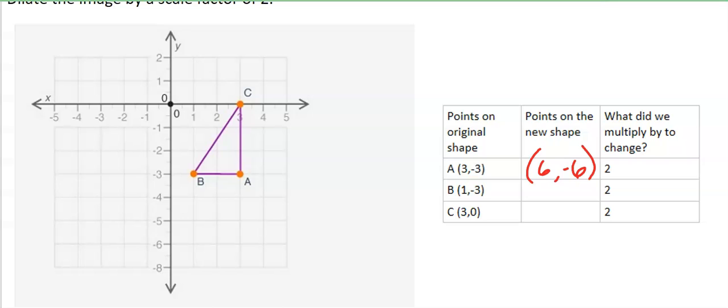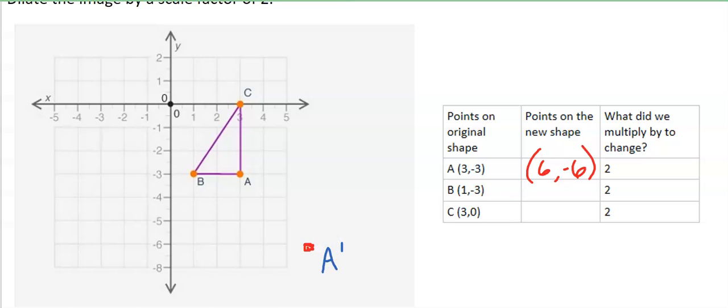So I can go here, I'm looking for positive 6, negative 6 would give me a point, which is off of our graph, so I apologize for that. So like I said, 6, negative 6 is kind of off our graph, so 6 would be approximately here, and negative 6 down here. So this would be my point. And I'm going to label this A prime so that I know.